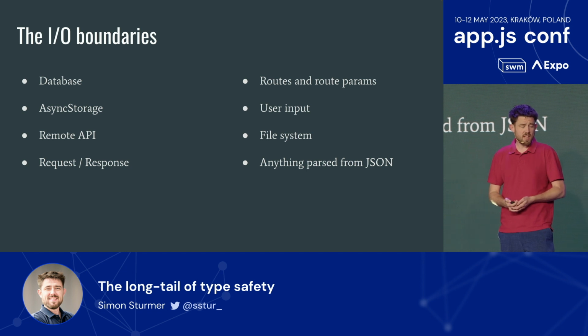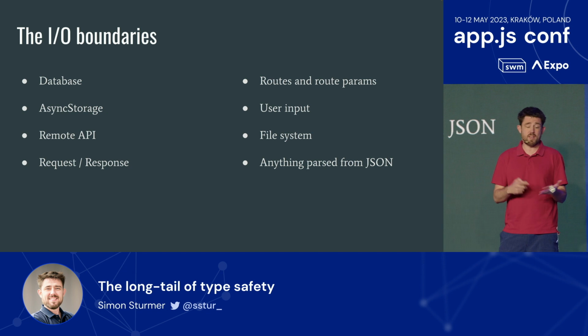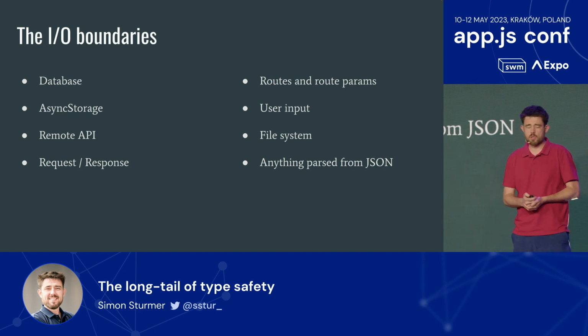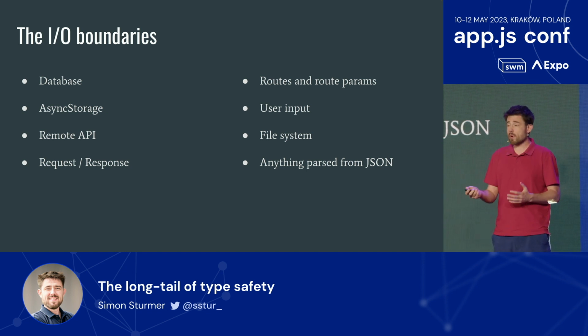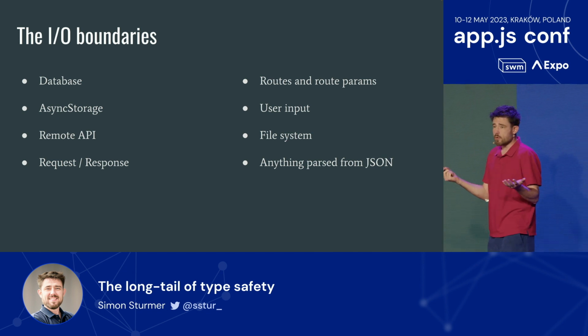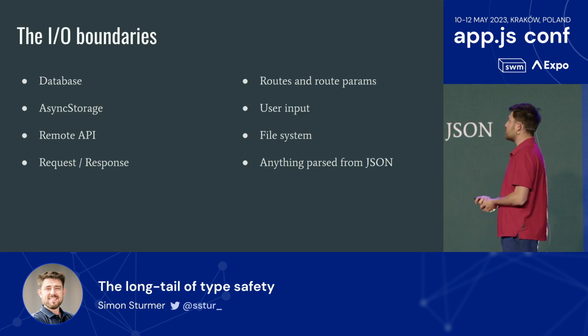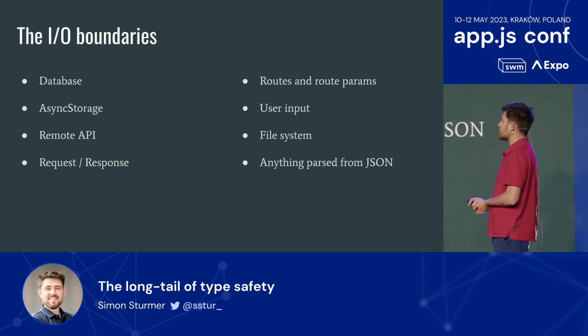A typical example would be something coming in from the database, but it could be user input, really anything that comes from JSON. We saw a lot of JSON examples. Route params is something you don't often think about. You might use useRoute and then .params.username and expect it to be there. Anything that is happening at runtime, TypeScript can't know about. So what are we going to do about this stuff?